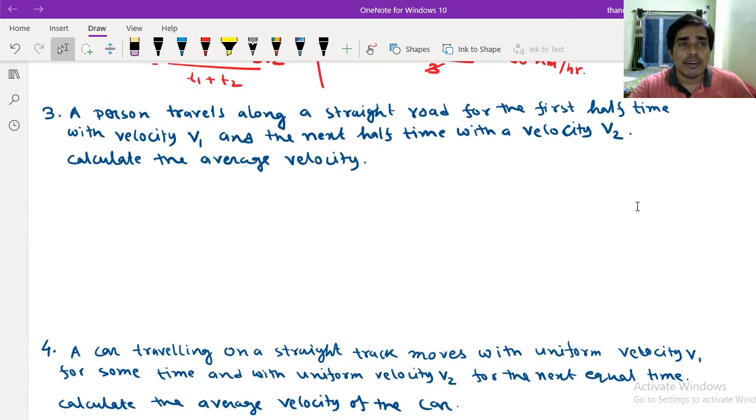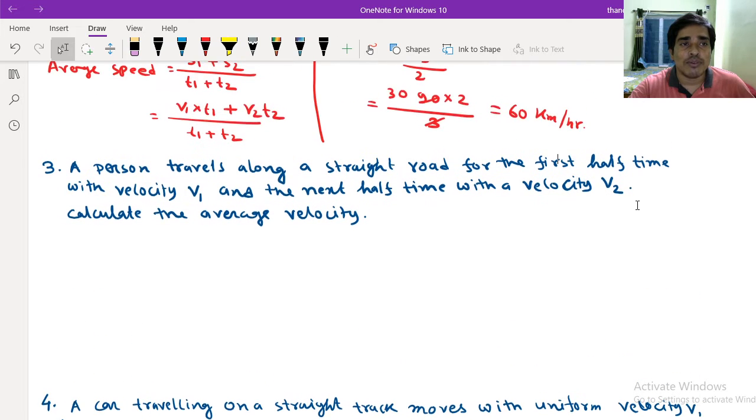Number 3 of the type 2. If a person travels along a straight road for the first half time with velocity v1, and the next half time with velocity v2, you have to calculate the average velocity.